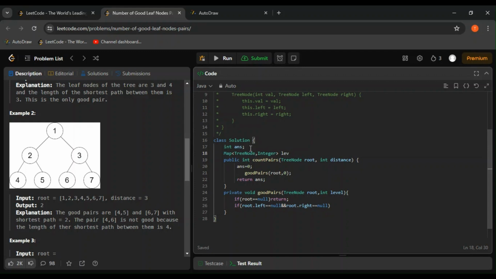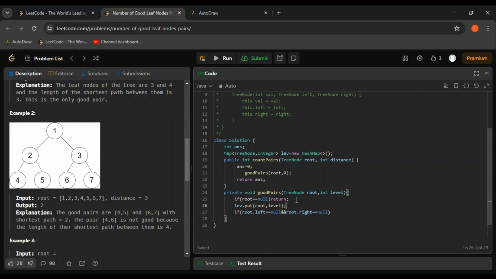I'll call this. Then when it is not this level, put the root comma level. Okay, so the level is stored now. Now I need to return this in an array list, correct? Or array, whatever is fine. But I'll just return from here.